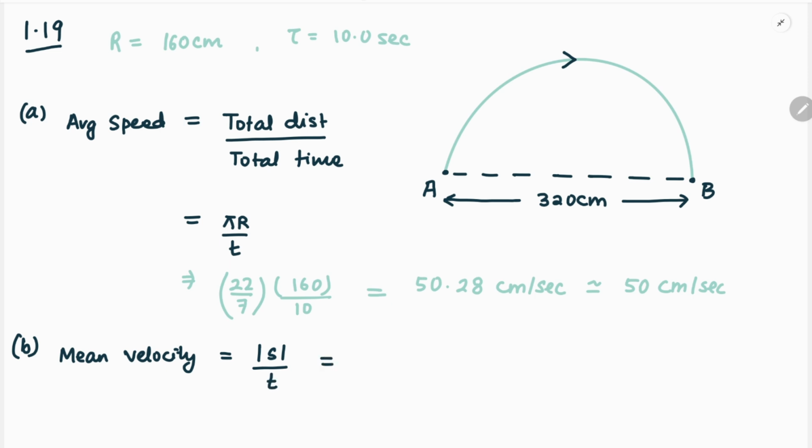So if we put it this way, then it is 2r by time t. So over here on substituting the value, we have 320 by 10, that is 32 centimeter per second.